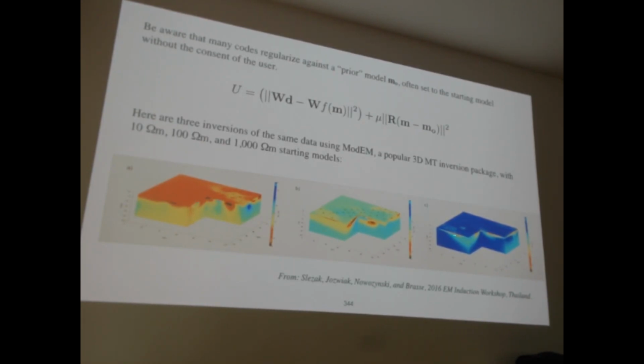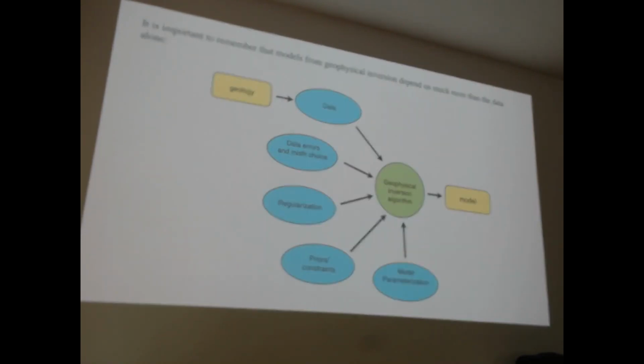These are 3 models that fit the data, all with different starting models. This is something from Heinrich Brasse's group from Berlin, presented at an induction workshop a few years ago. So if your code does this, you have to be careful. You have to be using a reasonable background resistivity to make it work.